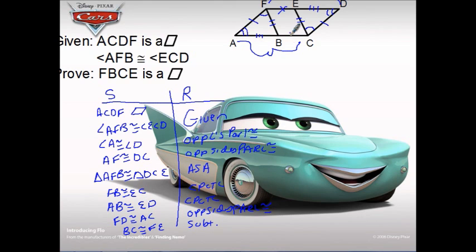And now, when I look at FBCE, I know it's a parallelogram. FBCE is a parallelogram, for a reason: if both pairs of opposite sides of a quadrilateral are congruent, it's a parallelogram.